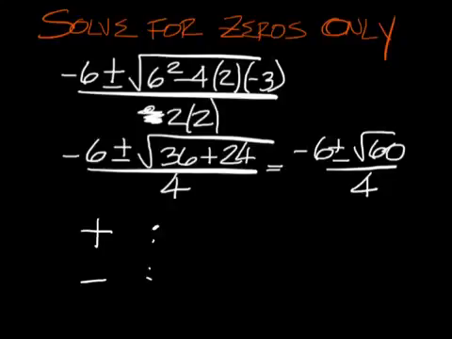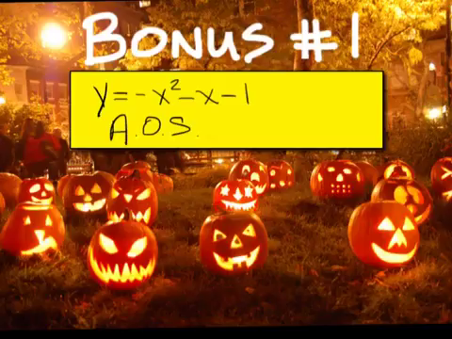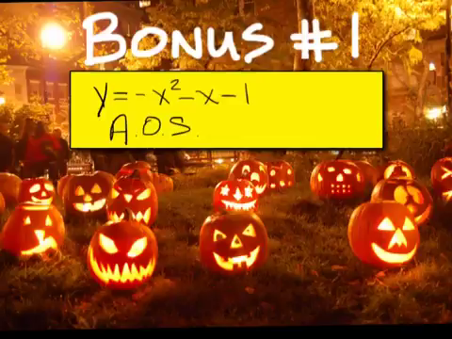So with plus, you're going to have negative 6 plus the square root of 60, and then divide by 4. You should have 0.4. And then negative 6 minus the square root of 60, and then divide by 4. Negative 3.4.